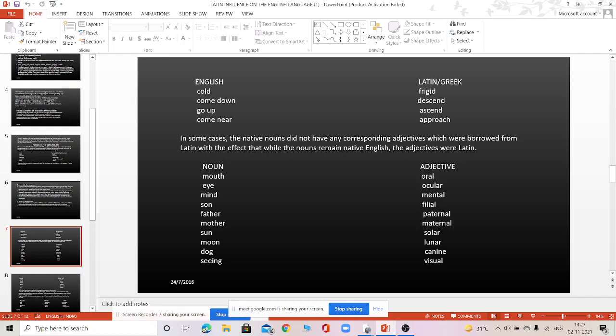So like that. These adjectives, as you can see, are of Latin origin, but the nouns are common enough English words. Dog, a common animal. The adjective would be canine, relating to dogs. From cats, it would be feline.